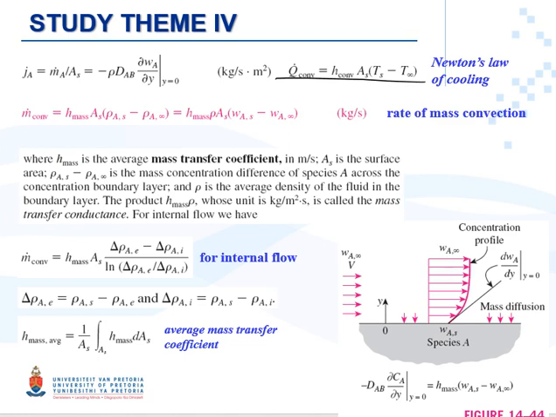Q dot of convection was one coefficient, which we call the convection heat transfer coefficient, h, multiplied by the surface area A and by delta T. So the correlation was very simple. You just need the temperature difference and the surface area. The only problem was finding this convection heat transfer coefficient.